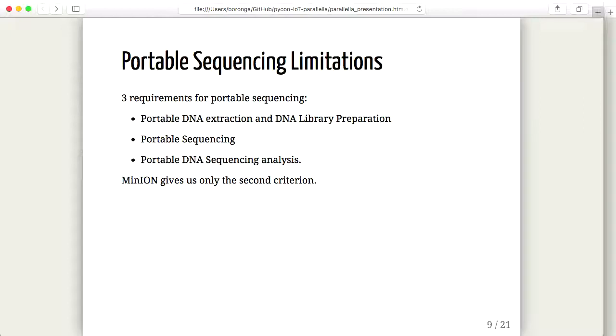Sure, you can take it into the middle of nowhere and get the DNA out, but you won't know what you've got until you go back to where your HPC is, so that you can infer the squiggle data into As, Cs, Gs and Ts, which is frustrating. It really defeats the purpose of portable sequencing.